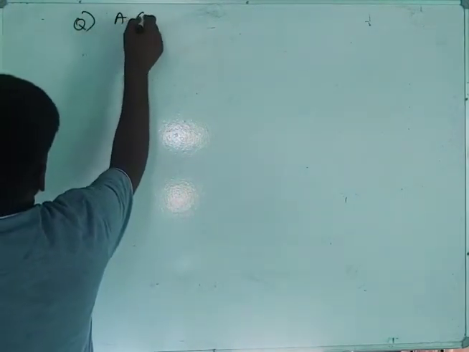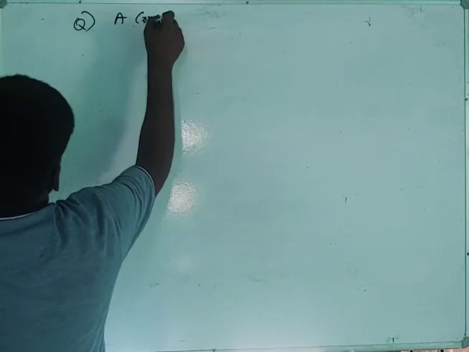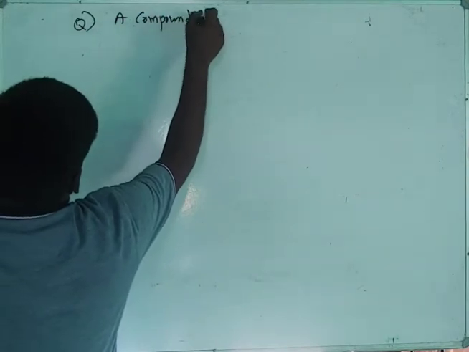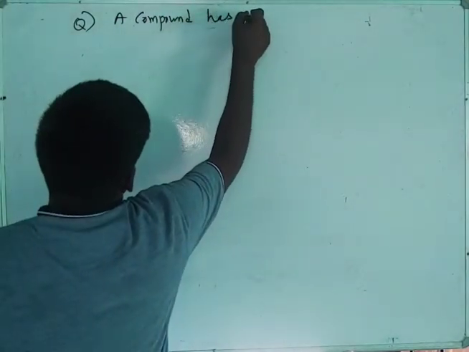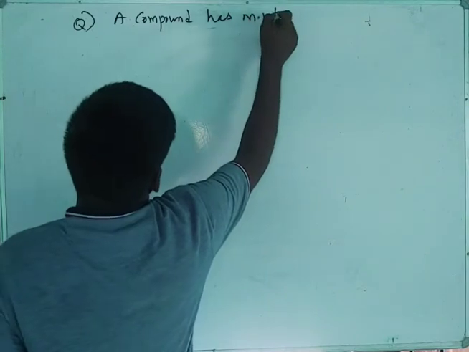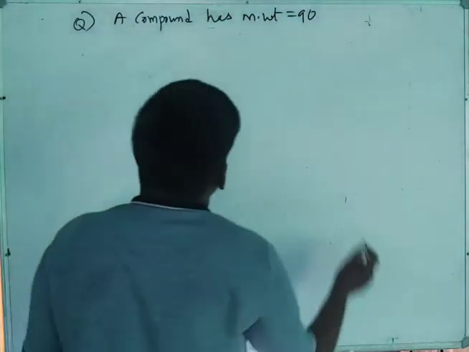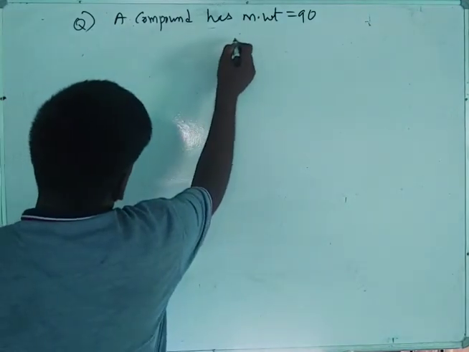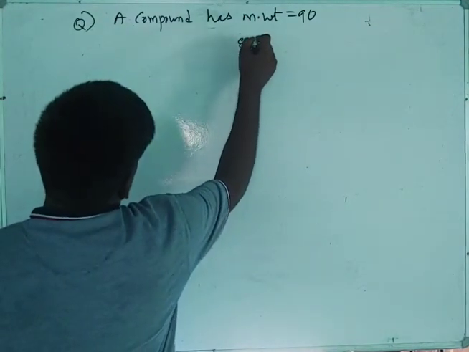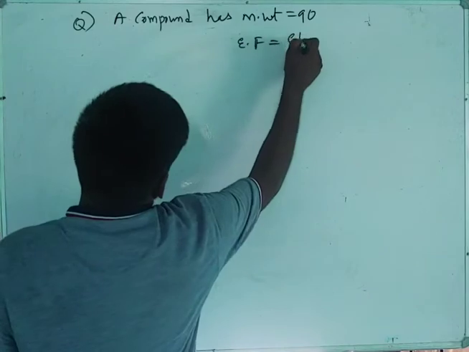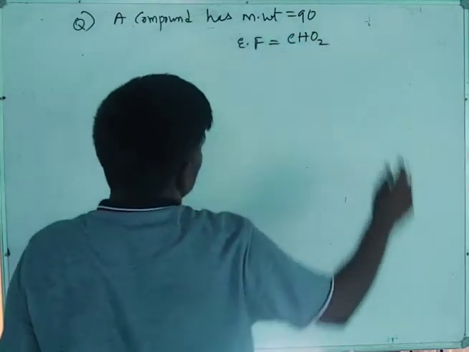So this is a question: a compound has molecular weight 90 and its empirical formula is CHO2.